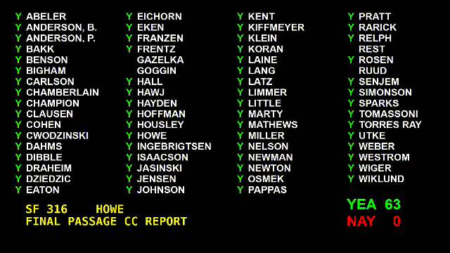All members having voted who have the desire to vote, the Secretary will close the roll. There being 63 ayes and 0 nays, the bill is passed and its title agreed to.